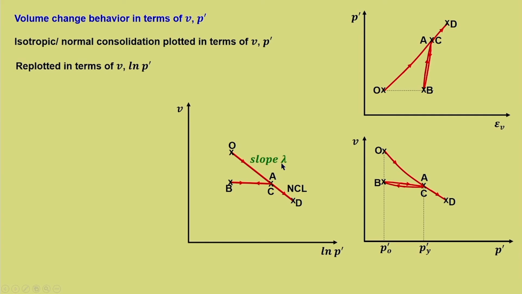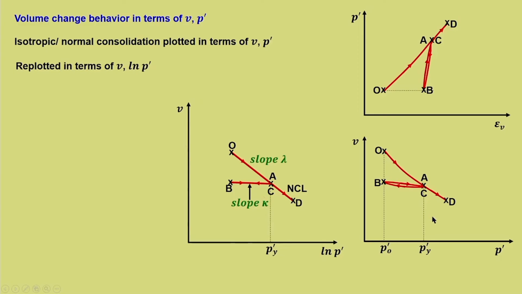What was our slope initially when we considered the other parameter, the void ratio? It is e versus log sigma dash, and the slope is Cc. Here it is slope lambda, and the slope of the unloading reloading line, or the over consolidation portion, is kappa. This K represents kappa.